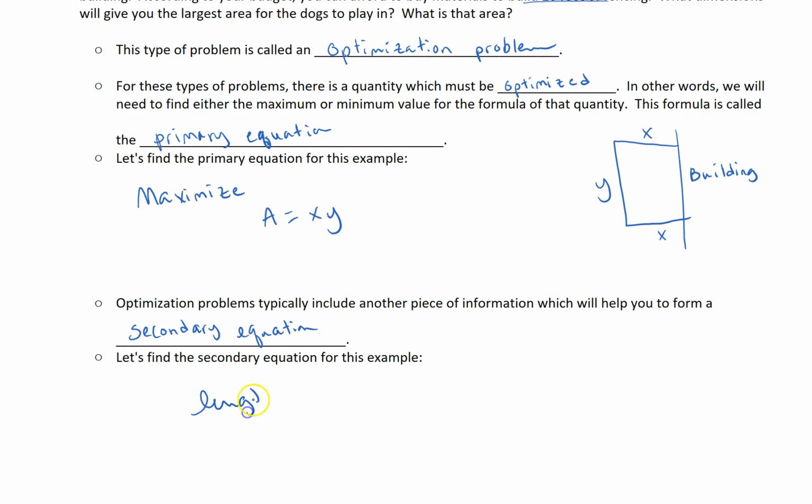So the length of the fencing would be equal to 2x plus y, because I only need one side of y, and that has to be 26. So 2x plus y equals 26 is my secondary equation.